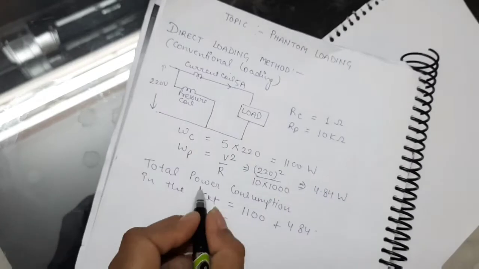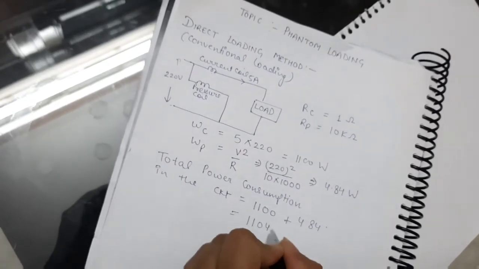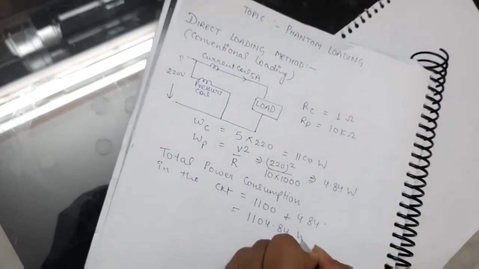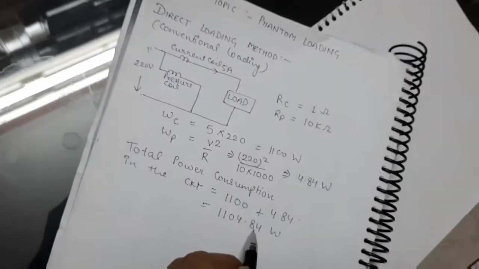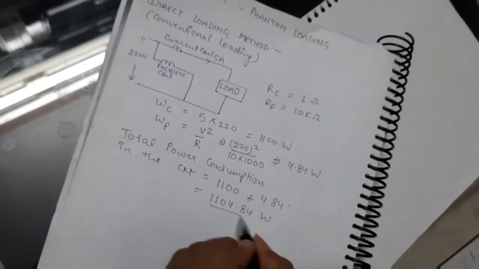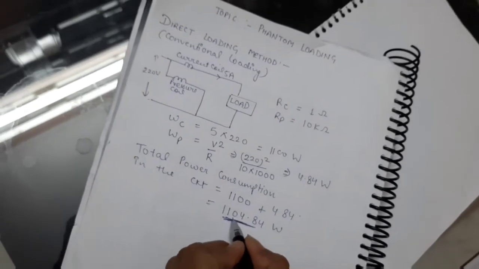The total power consumption in the circuit is 1104.84 watt. Okay. Now that is a huge power that will be consumed. That is a very large value of power consumption in the circuit.